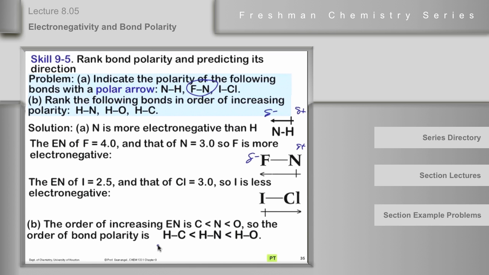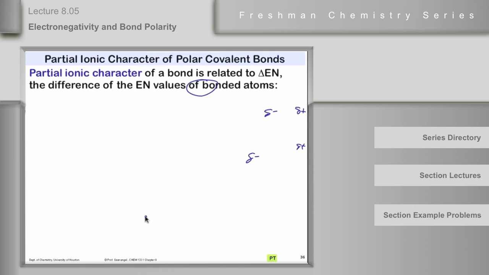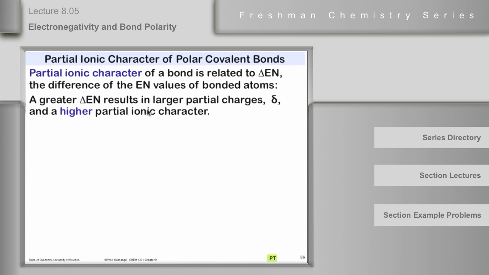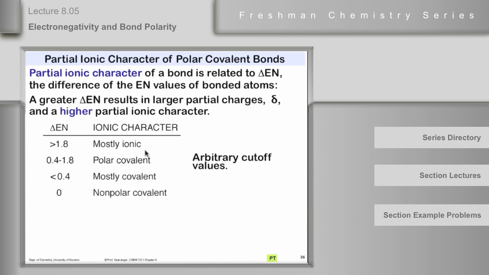Okay. Now, what I have left to do is to show you this diagram. I thought I would get a little bit further today, but delta EN, we stress, is a measure of the polarity of a bond, and that could be in terms of partial ionic character. And we talked pretty much about this.